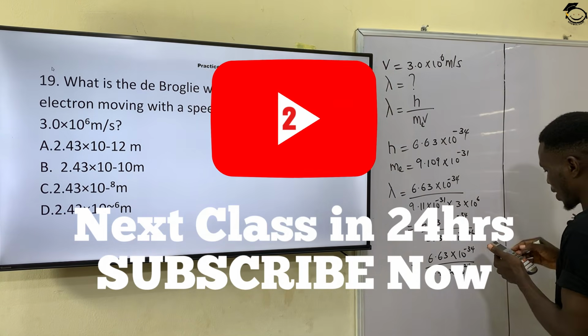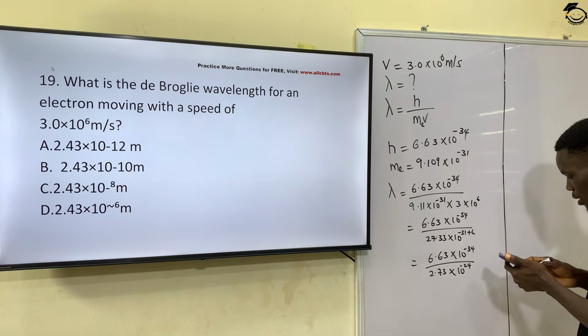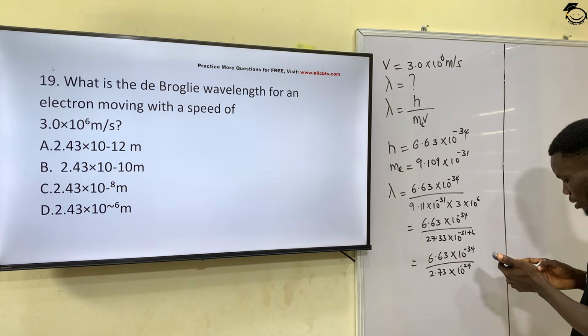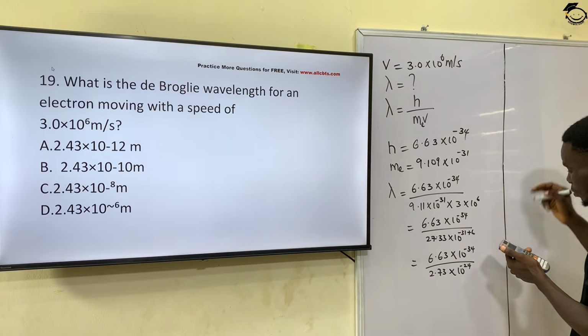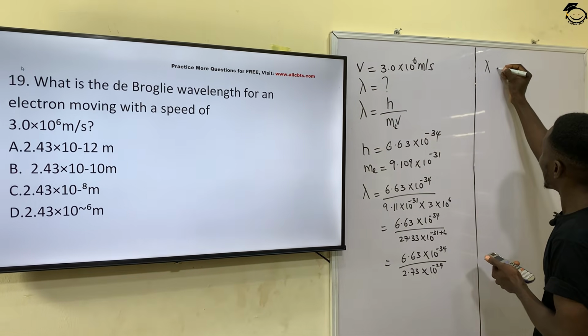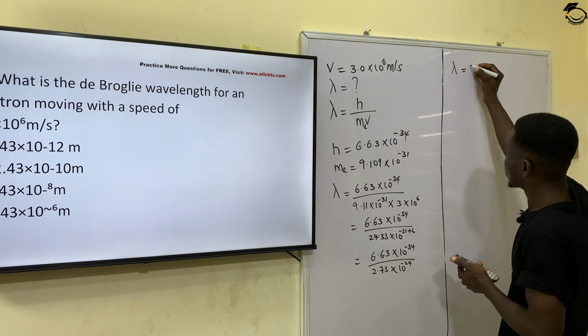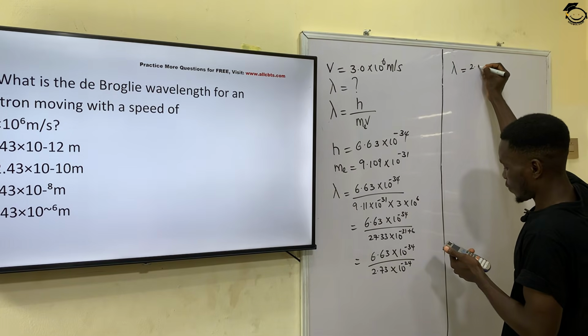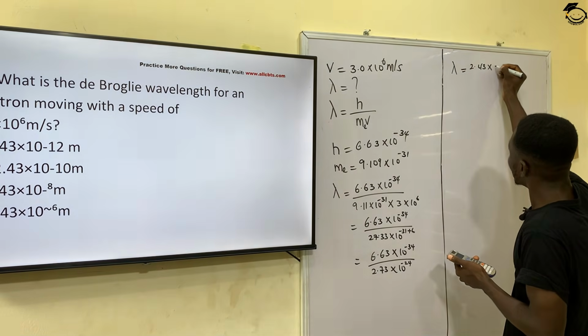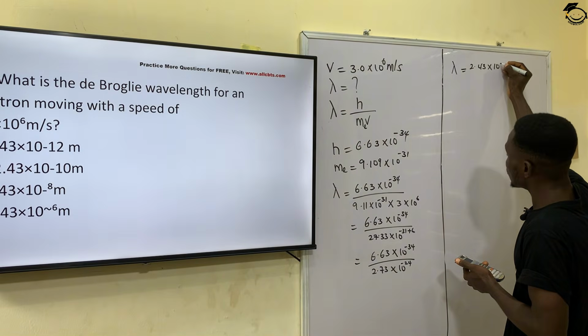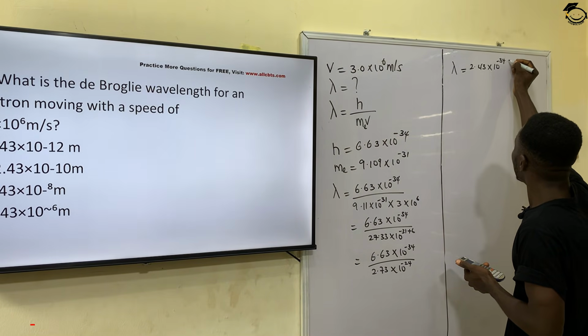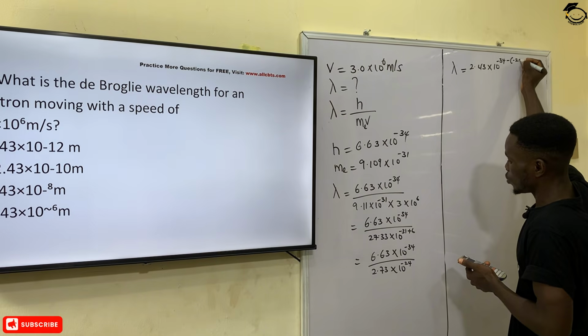If I divide this, I'll have my lambda equal to 2.43 times 10 raised to the power minus 34 minus 24.